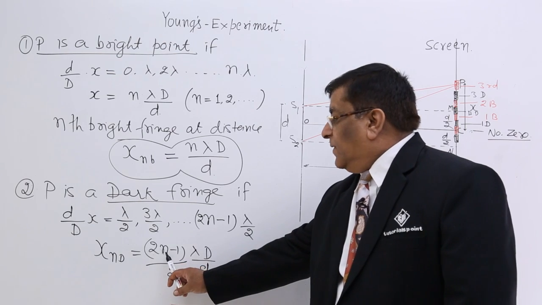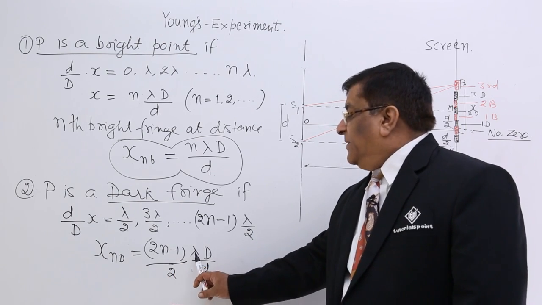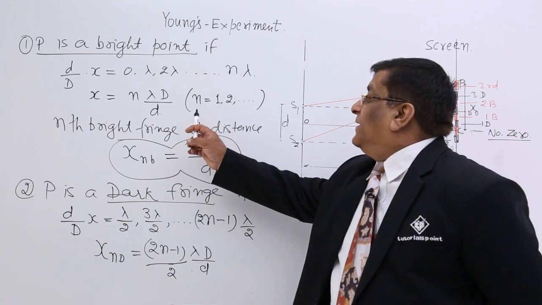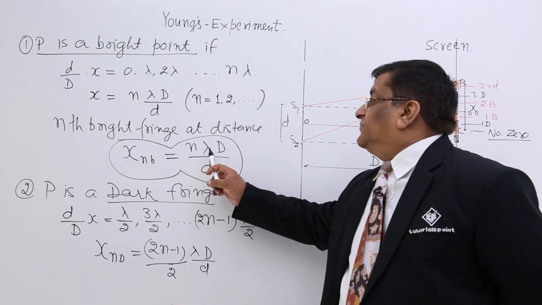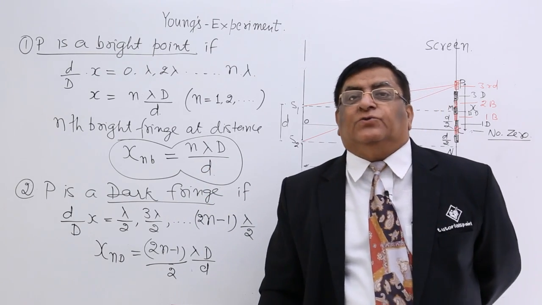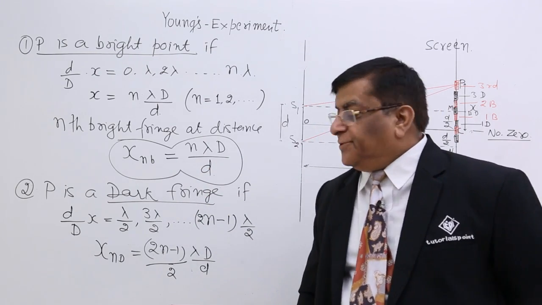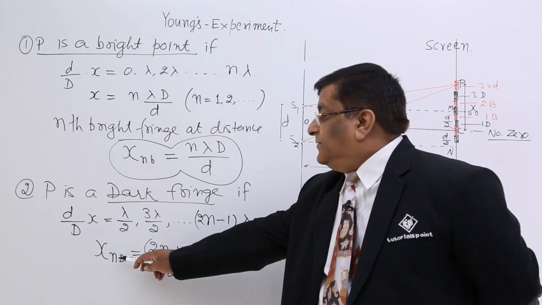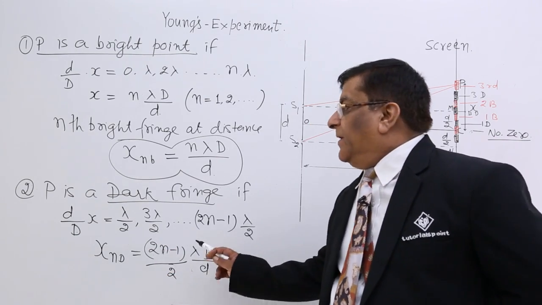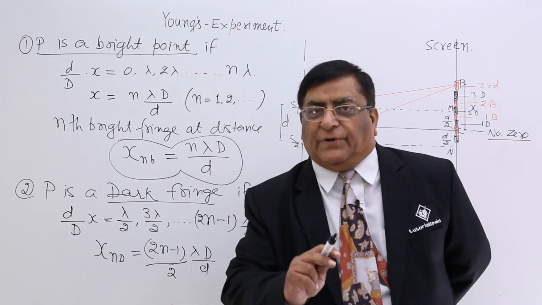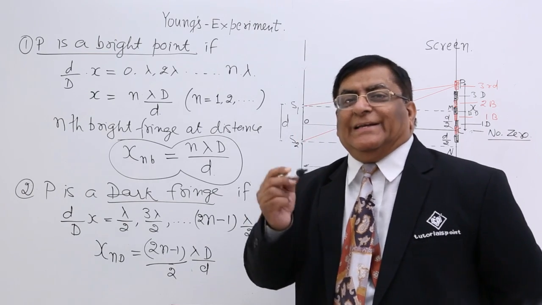If we put n equal to 1, for the dark fringe this will be lambda by 2; for the bright fringe this will be lambda. So which will come first? Naturally, lambda by 2 value of x will come first. You keep on increasing.